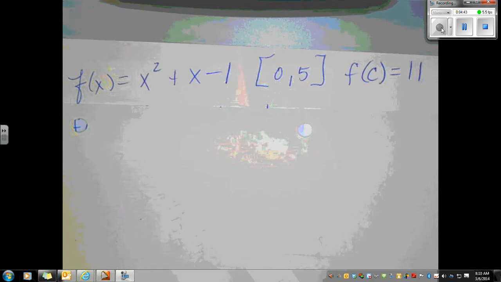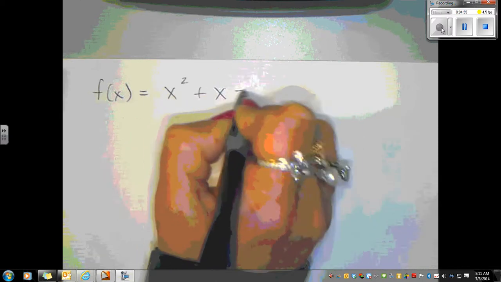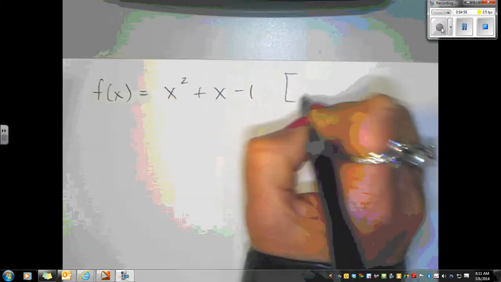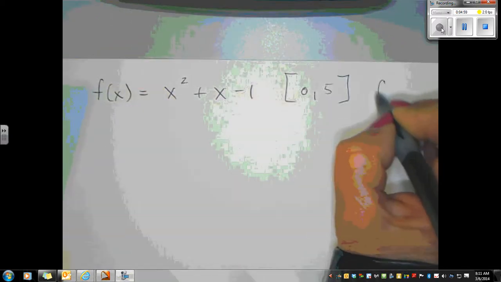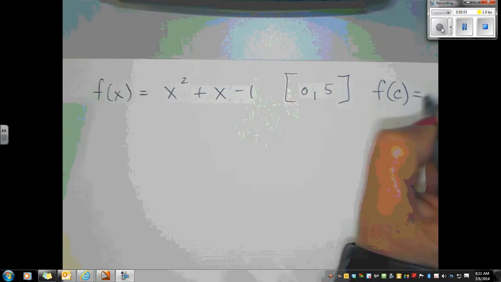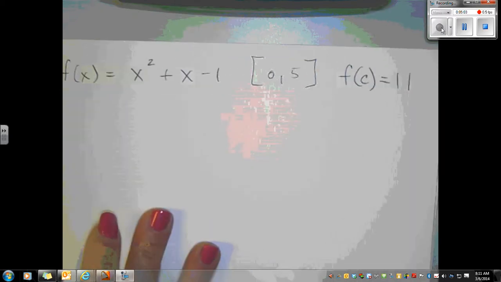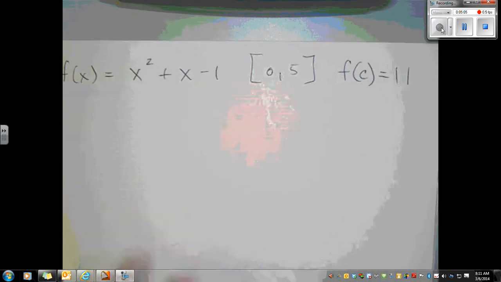So, what are the steps we have to take? We have to first say, what is f of 0? Because the first thing to prove the intermediate value theorem is we have to say, did this really exist at f of 0 and f of 5?